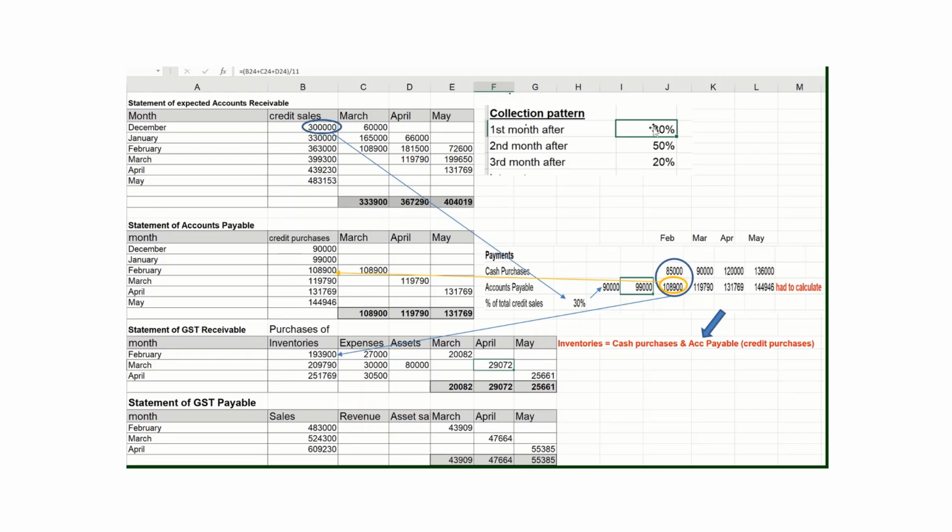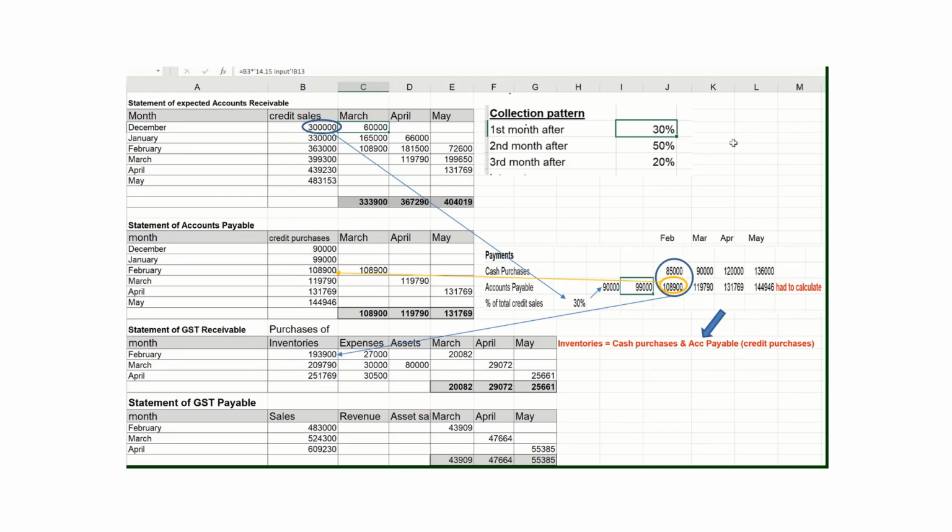So if you look at December, in January, we will get 30%. In February, we will get 50%. Now, January and February is not part of our 3-month budget period. So we're going to look at December and say in the 3rd month, in other words, January, February, in March, we will receive 20% of the 300,000 credit sales.